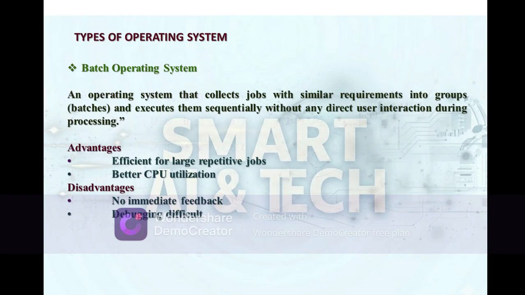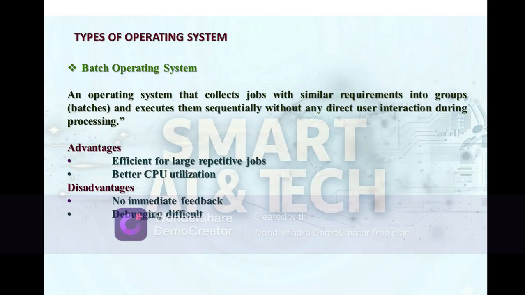step by step. First is the batch operating system. A batch operating system is an operating system that collects jobs with similar requirements into groups of batches and executes them sequentially without any direct user interface during the processing.